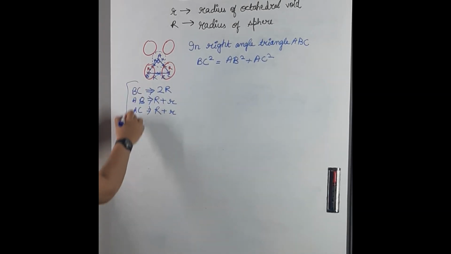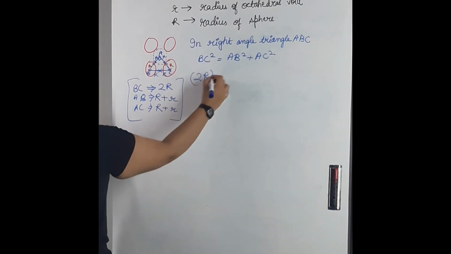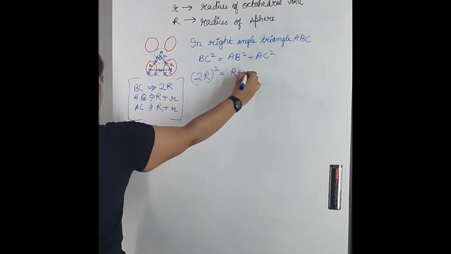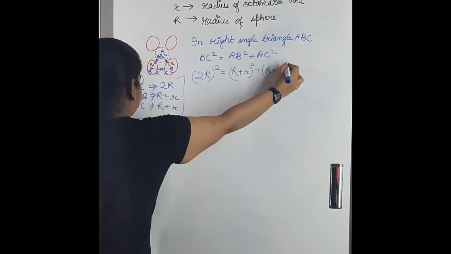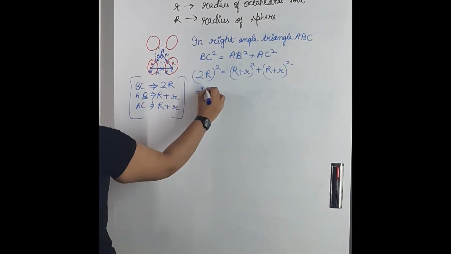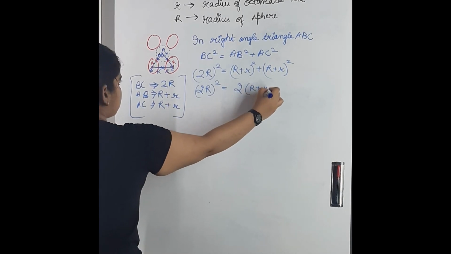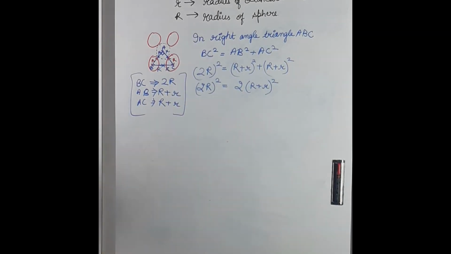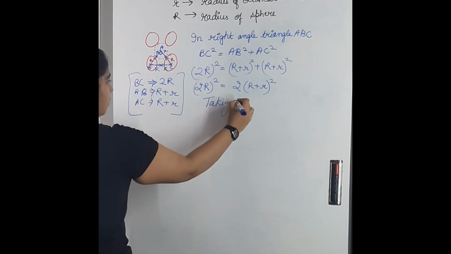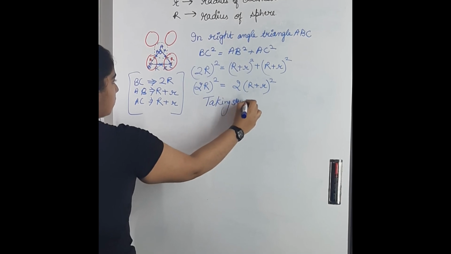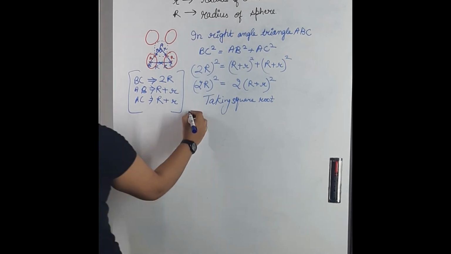So by putting this value into this, we will get 2r square is equals to r plus r square plus r plus r square. This can be written as 2r square is equals to 2 of r plus r square. Taking square root now, so that this square value will be cancelled out.